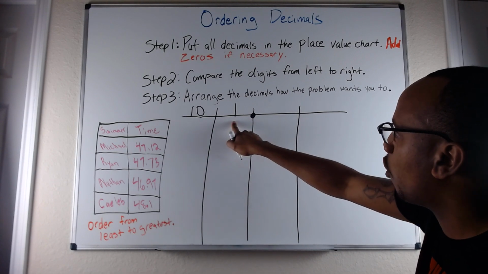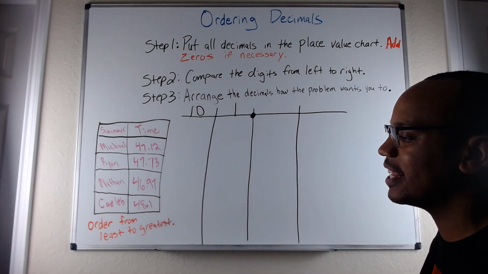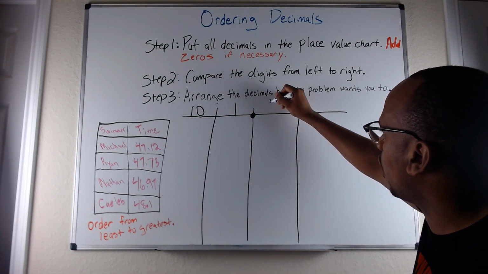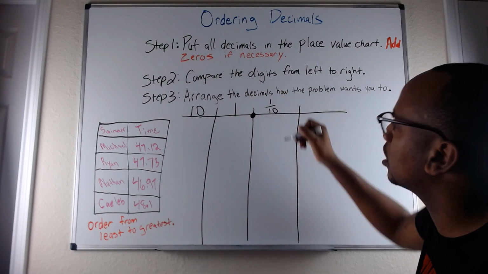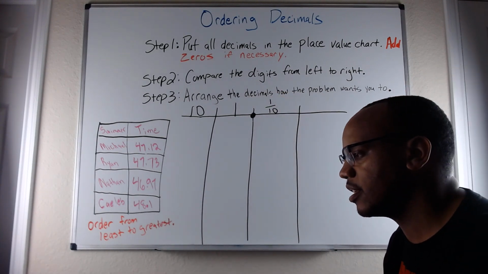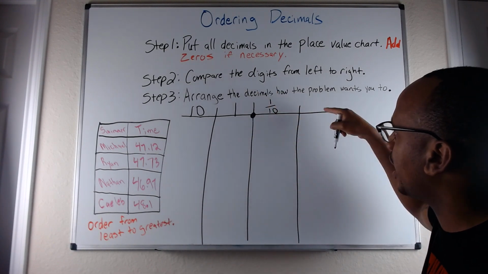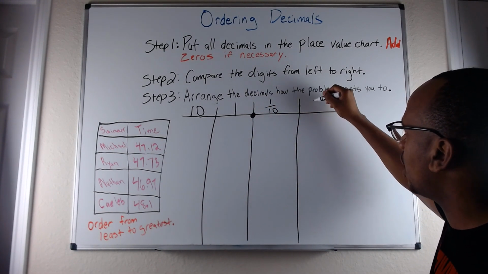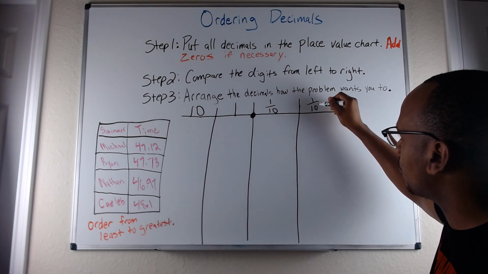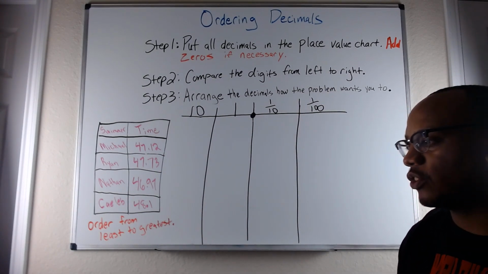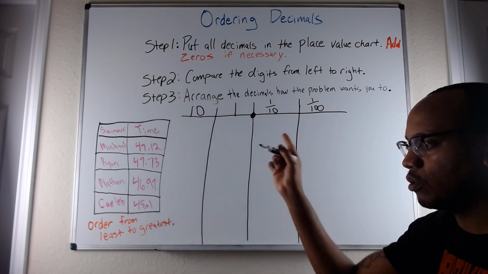If I take 1 whole and break it into 10 parts, that is tenths, or 1 out of 10. If I take 1 whole and break it into 100 parts, that's hundredths, or 1 out of 100. So this is my simplified place value chart.